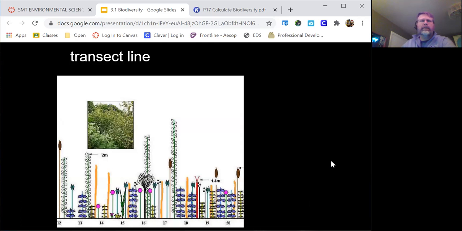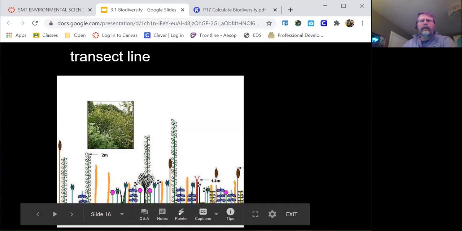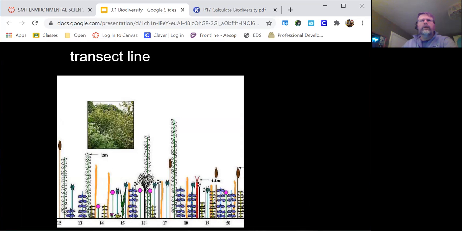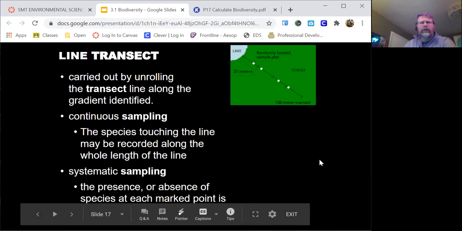So one way scientists can measure biodiversity is through a transect line. Okay, so the transect line is literally a line, like a piece of string. They put it down in one place and spread it out in a straight line all across this region. And then you measure and count all the different species that are present.